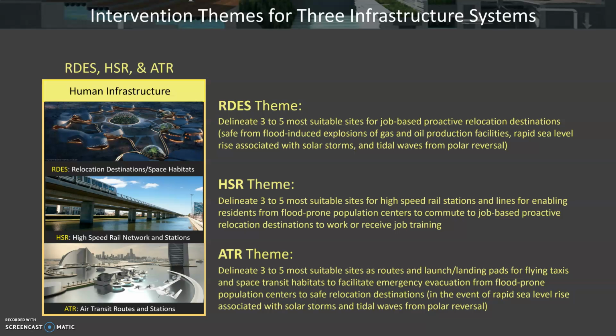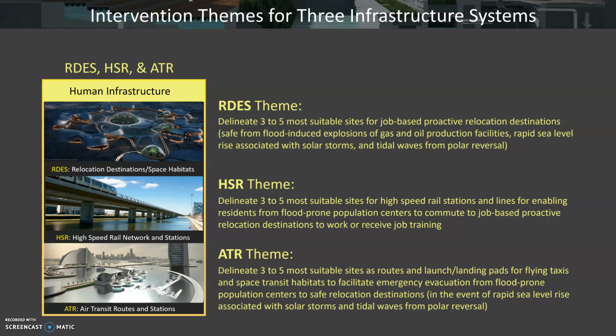So we'd like for you to look for 3 to 5 most suitable sites for job-based proactive relocation destinations. And we'd like for you to think about these scenarios we presented before, in terms of choosing locations that are safe from flood-induced explosions of gas and oil production facilities, rapid sea level rise associated with solar storms, and tidal waves from polar reversal.